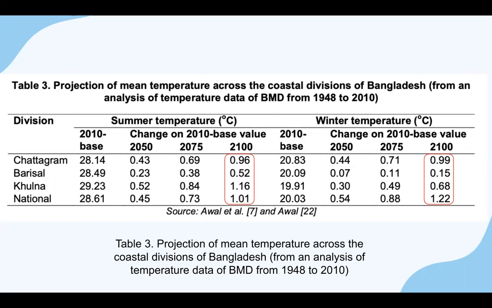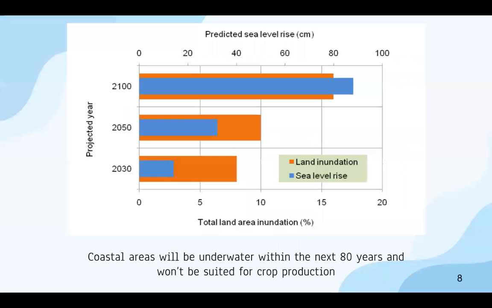So you can see how much the temperatures really are predicted to change between 2010 and 2100. And they did this with the summer temperatures and also the winter temperatures. So their results are honestly shocking. And there's going to be a lot of change in the temperature as the years progress.